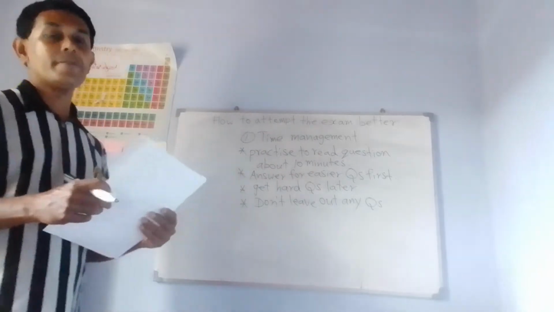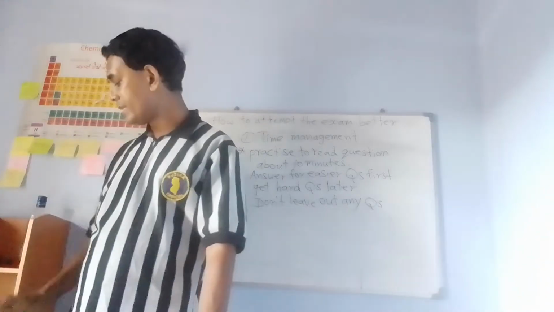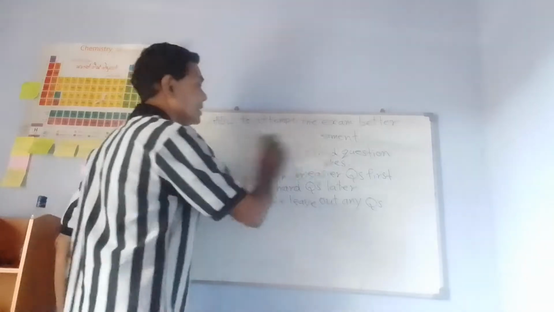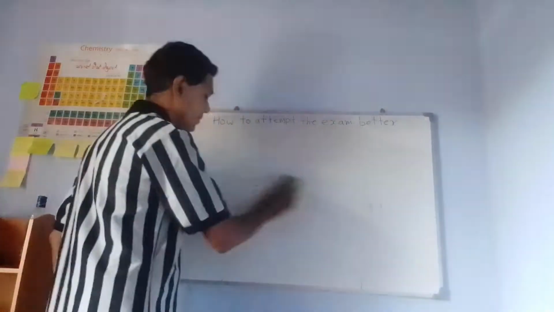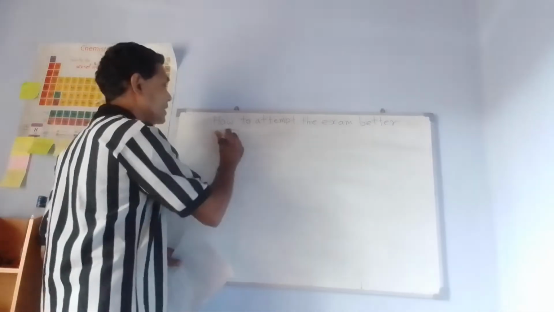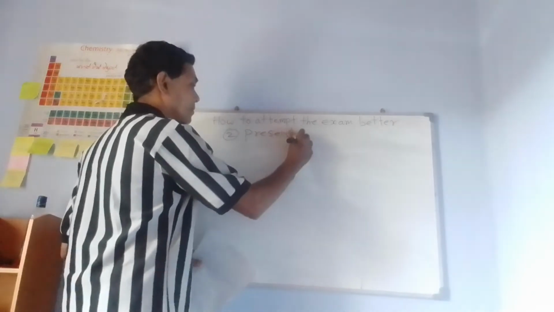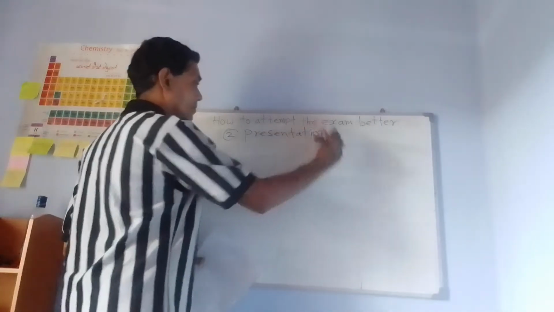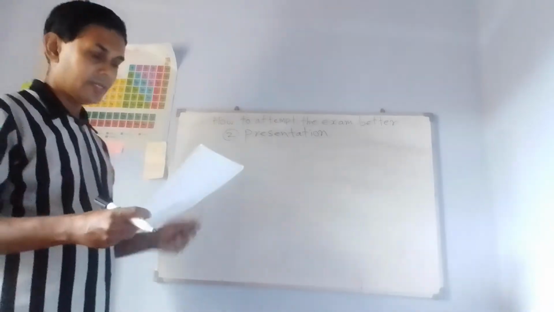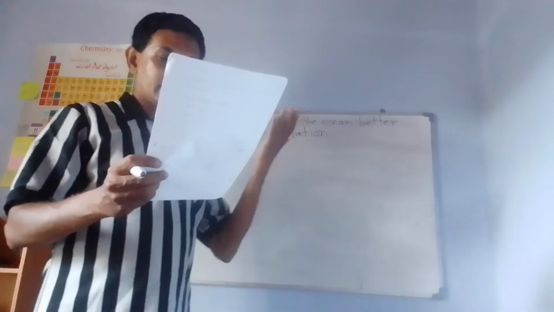Then the second one is the presentation. Let's see how to practice with them to present their facts. The second one is presentation. It means there are four factors.